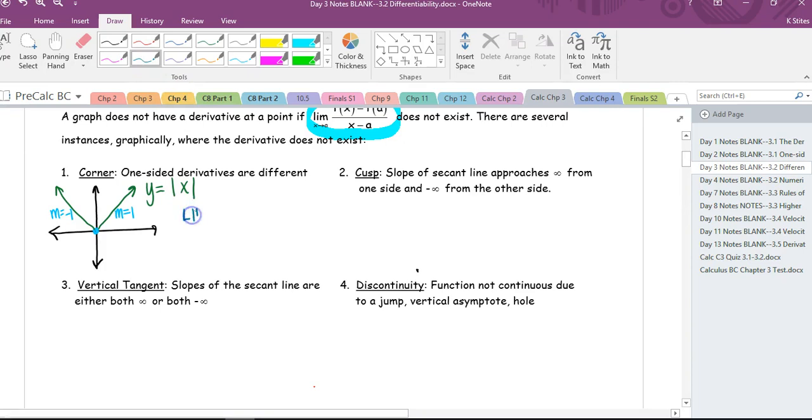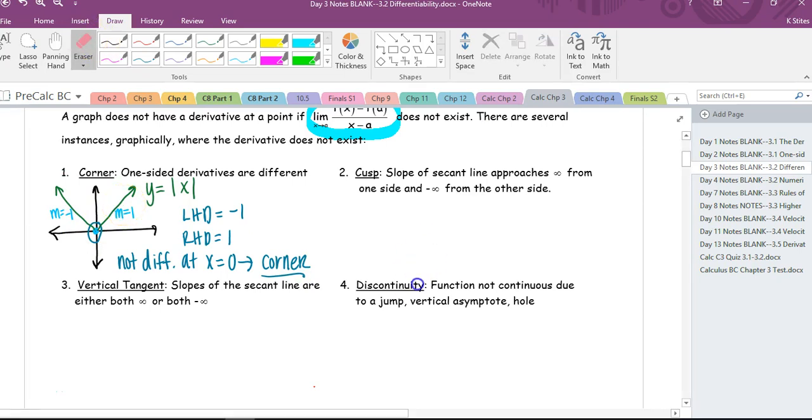So this is a situation in which your left-hand derivative and your right-hand derivative are different. Left-hand derivative is negative 1, right-hand derivative is 1. We say, therefore, we are not differentiable at x equals 0, and that's because we have a corner. Okay, corners are always going to look like this.